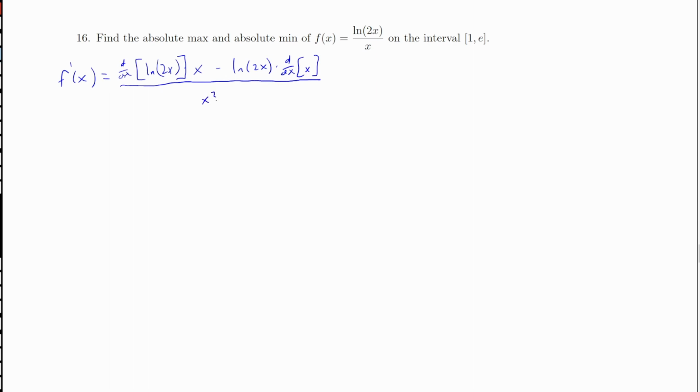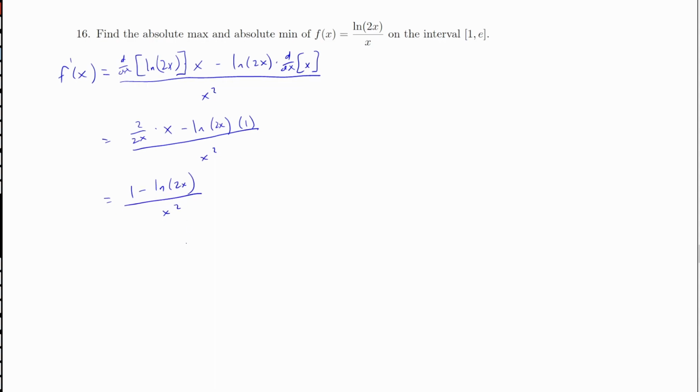all over x squared. The derivative of ln of 2x is going to be 1 over 2x times the derivative of the inside stuff, which is 2. The derivative of x over here is 1. So simplifying, 2 over 2 cancel, x over x cancel, so I get 1 minus ln of 2x in the numerator, x squared in the denominator.